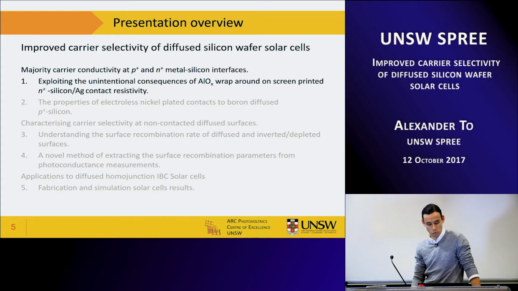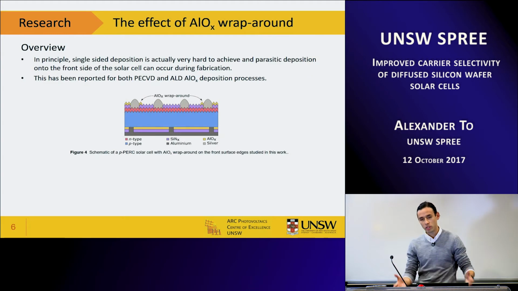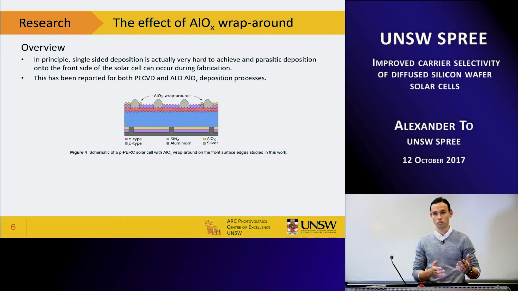So let's start with the first one, this unintentional effect that happens when you make PERC solar cells. What am I talking about? Essentially, when you make a PERC solar cell, in some fabrication sequences, you do the front side nitride and then you do the rear AlOx and the rear nitride stack. Particularly when this is done, for instance, in PECVD in a tool which has both an upper and a lower source, you can get some wraparound of aluminium oxide onto the front side.